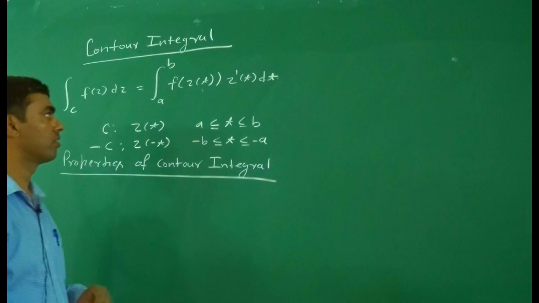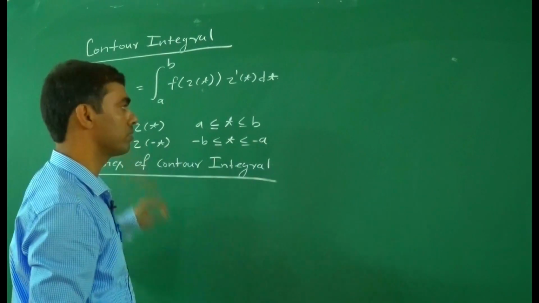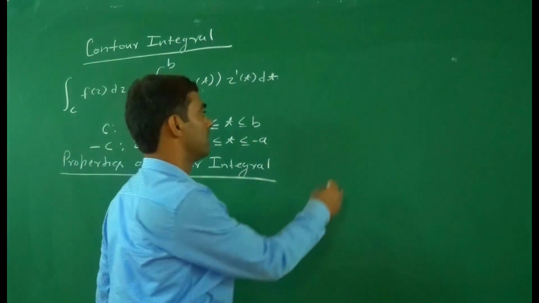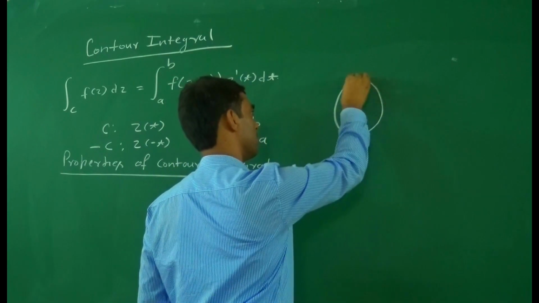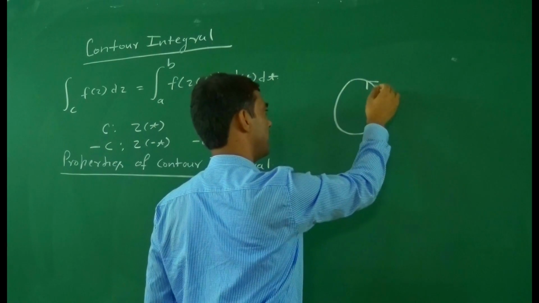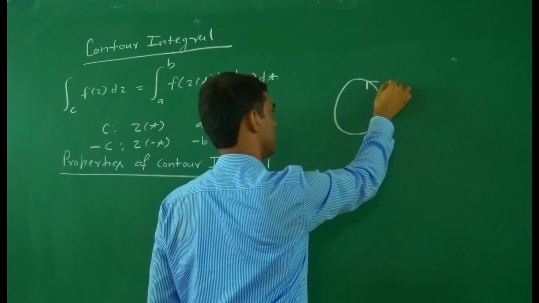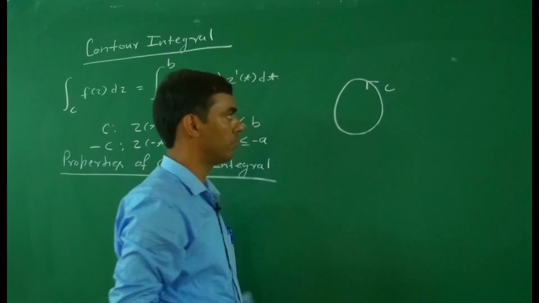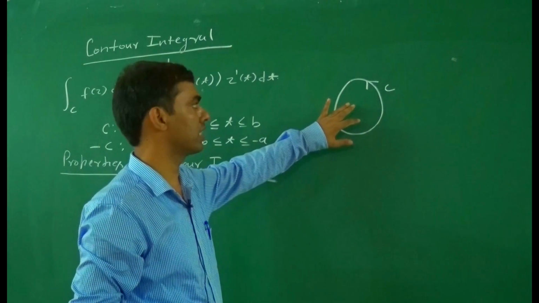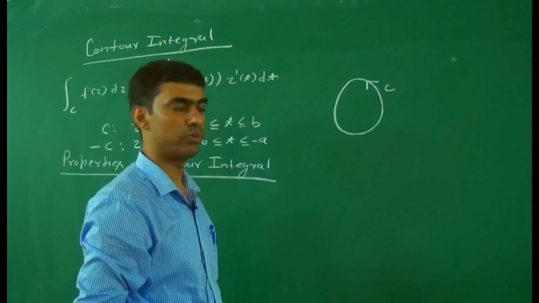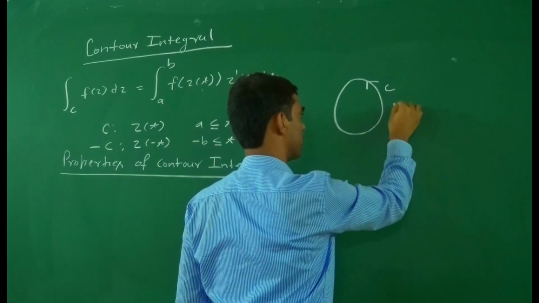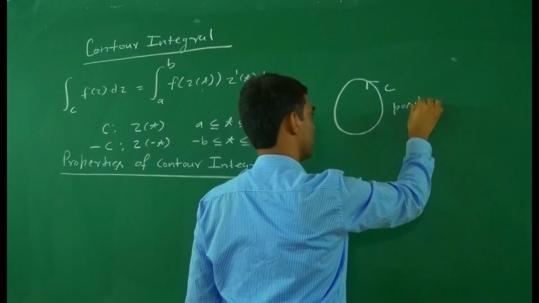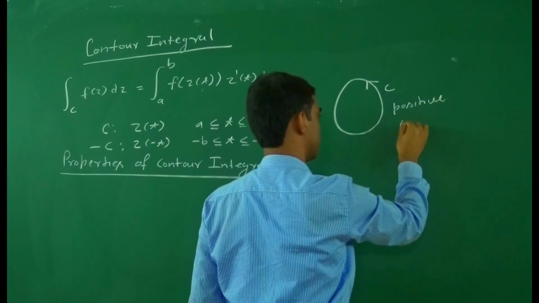Here we also use a convention. If C is a closed curve like this one, given in an anti-clockwise direction, then this is a positively oriented curve. This is called positive orientation.